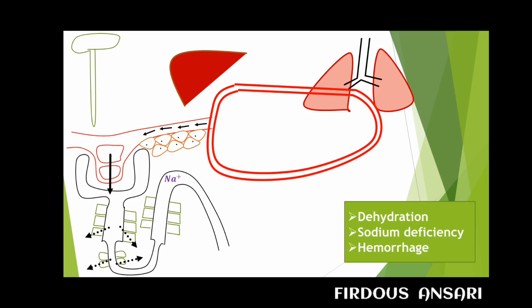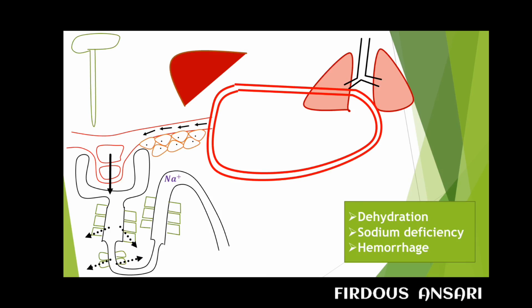But this is a normal condition. Okay, this is normally what is happening. And what is the situation now? The situation now is either dehydration, sodium deficiency or hemorrhage. Under these conditions, what will happen? The blood volume was reduced. When volume is less, the sodium concentration in the glomerular filtrate is also less.